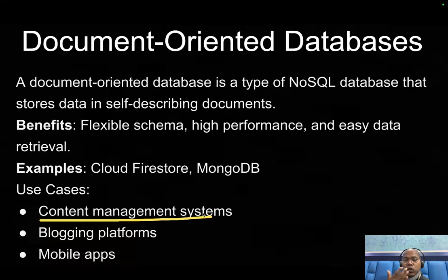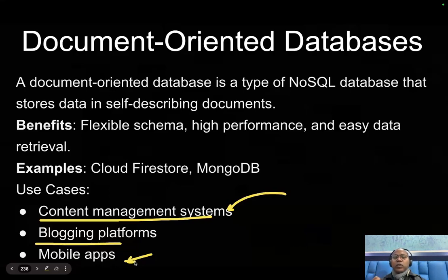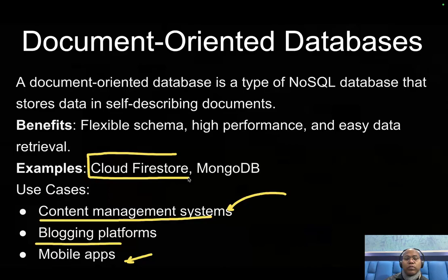So whenever you are building a CMS, blogging system, or mobile app where you want to store complete information in the form of a document, surely you can use the Cloud Firestore database, which supports storing data as complete documents. The major benefit of a document database is a very flexible schema.